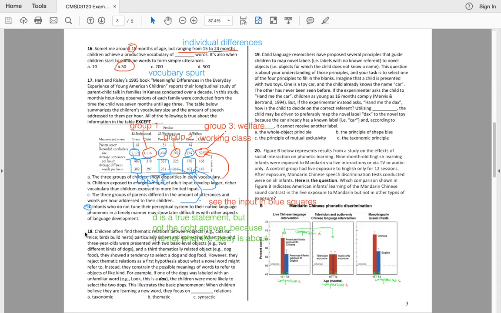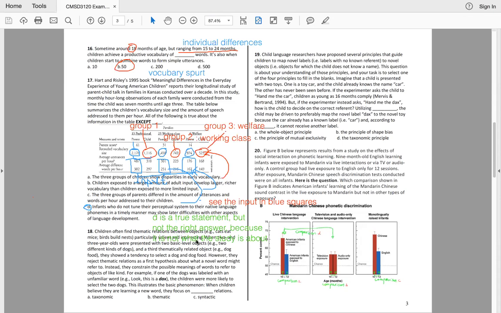Okay, number 18. Children often find thematic relations between objects. For example, cats eat mice, birds build nests, or dogs like bones.